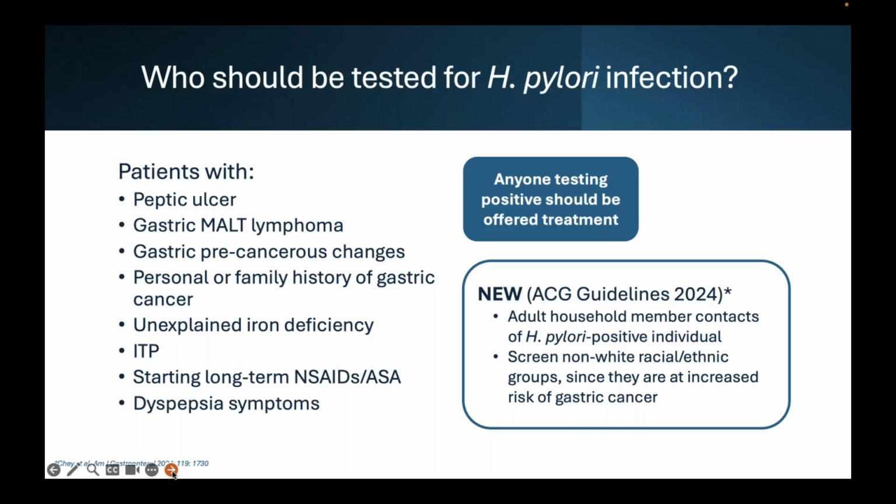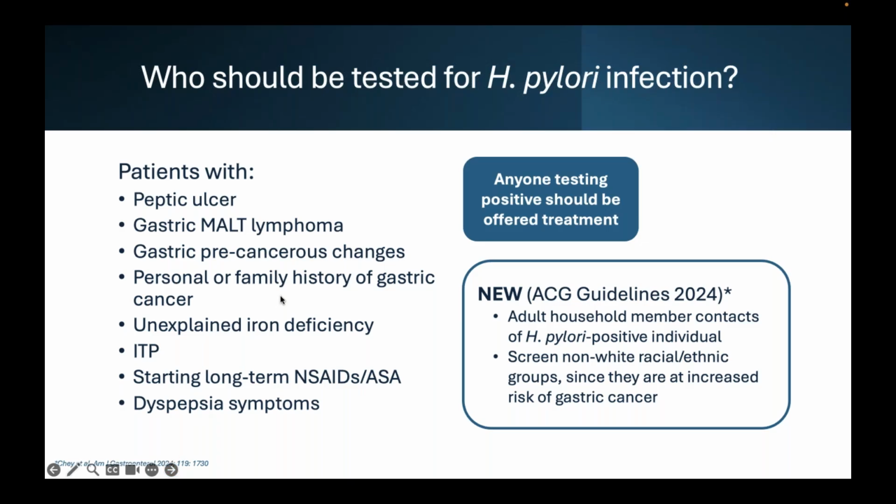H. pylori is responsible for a small proportion of cases in this country of ITP, idiopathic thrombocytopenic purpura. So it's well worth testing for H. pylori in ITP patients, and of those that are positive, about 50% of them will have a benefit in terms of platelet count from eradicating H. pylori.